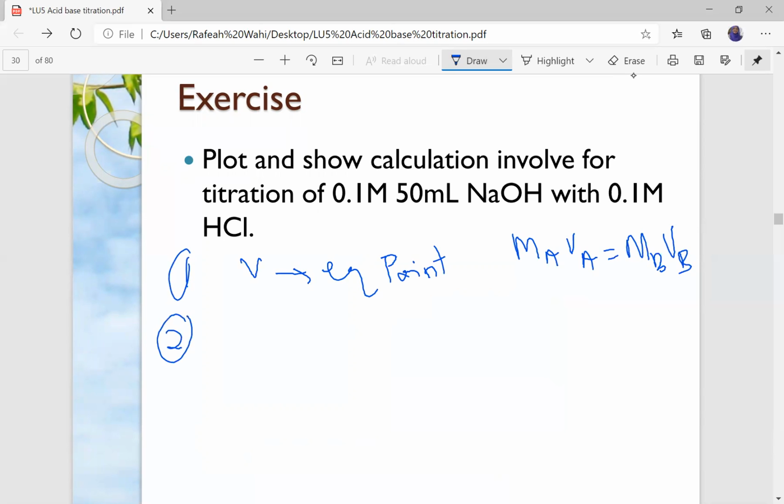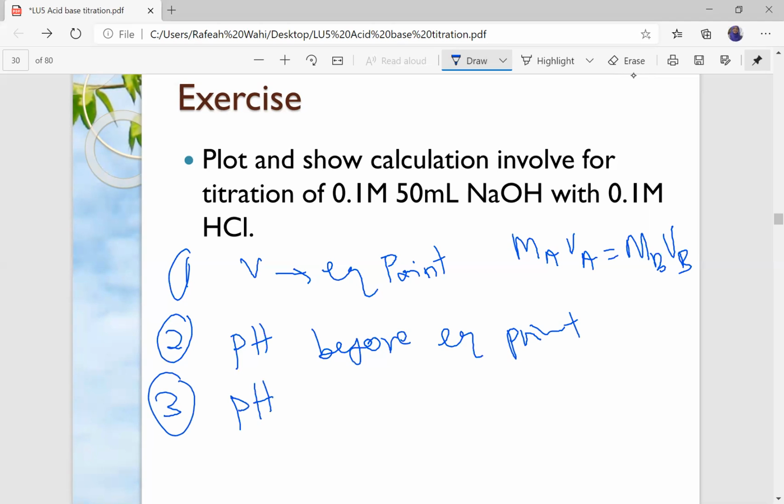Second step, you calculate the pH before the equivalence point. Third step, you know that the pH at the equivalence point is 7, so you plot it.